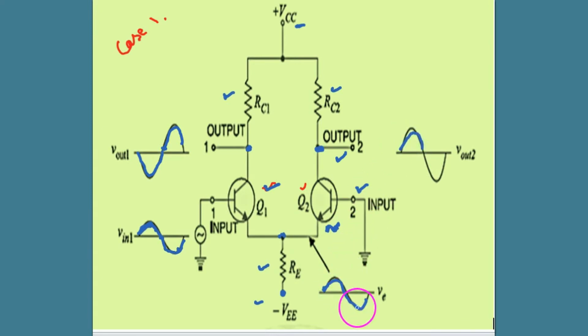This is negative going, this is also negative going. So note down, if the input signal is applied to the base of Q1, then at here and at here the output appears, but between this output and this output there is a phase reversal of 180 degrees, V out 1 and V out 2. There is 180 degree phase reversal.